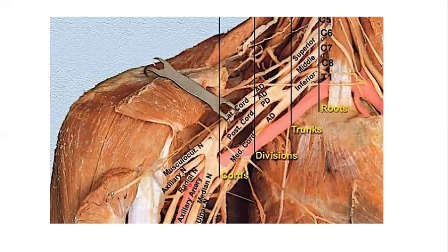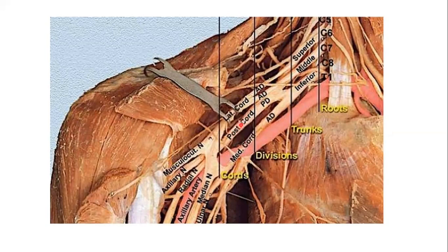Here you have the axillary artery, and in relation to it we have these 3 cords: the lateral cord, the posterior cord, and the medial cord. This is slightly retracted in an upward direction, that's why the artery seems to be lying lower down, but this is the actual position of the artery.